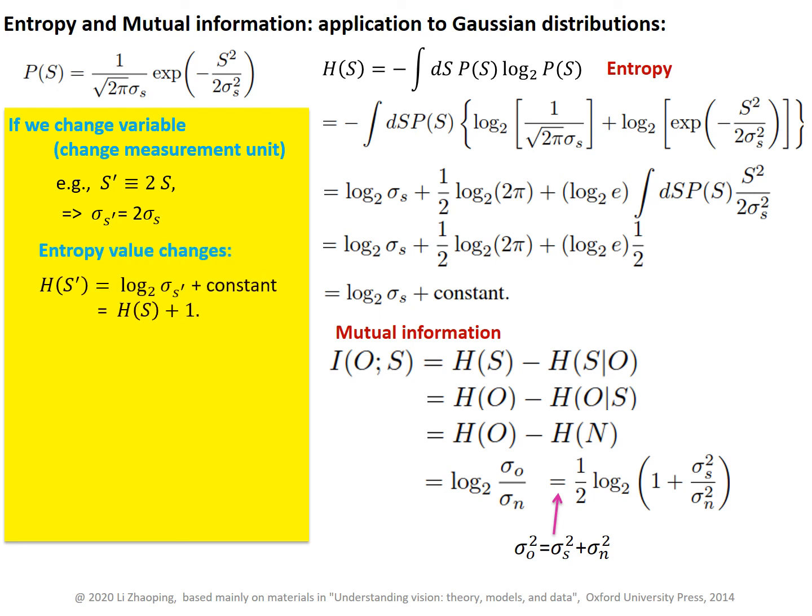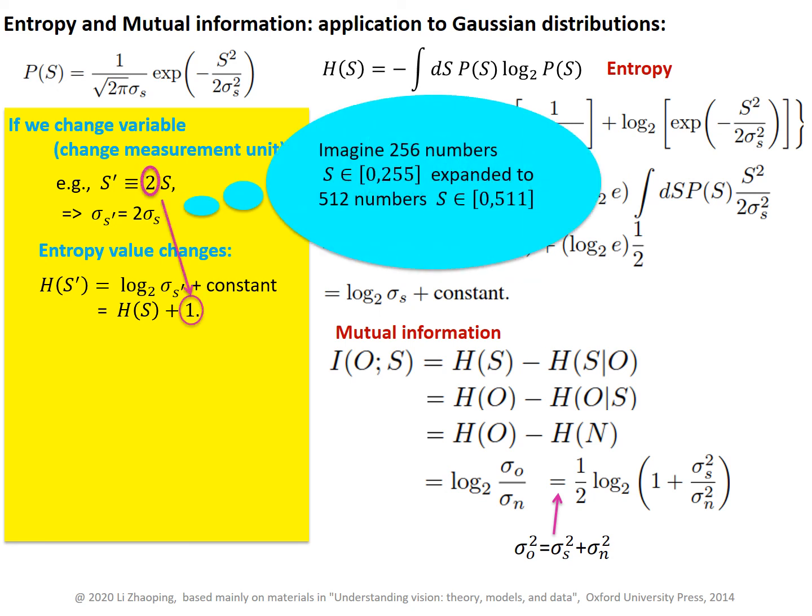We end up making the entropy larger by 1 more bit. Imagine that you expand from 256 numbers to 512 numbers. It would also make the entropy larger by 1 more bit. So entropy value changes with a change of measurement unit.